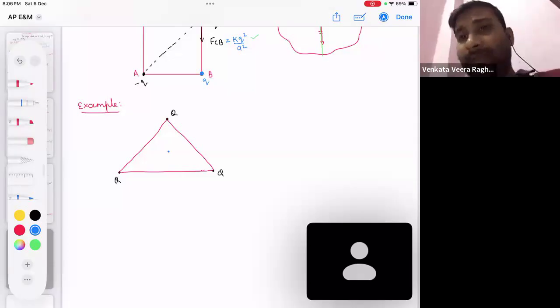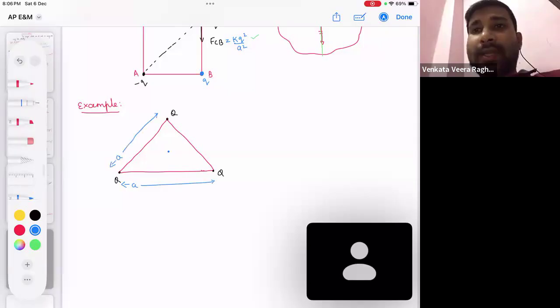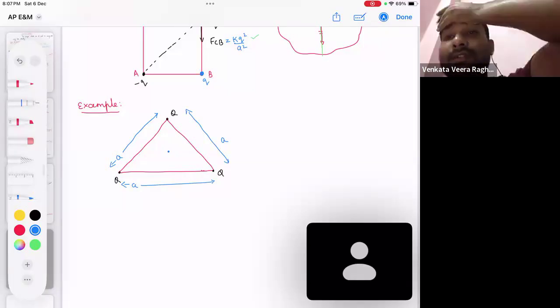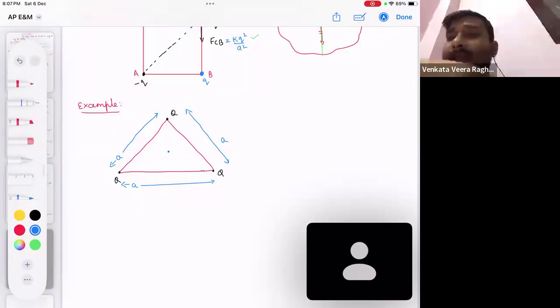This point is the centroid of the triangle. They are asking what charge we should keep at the centroid so that the net force acting on the corner charge particle, or vertex charge particle, should be zero. Do you understand the question?